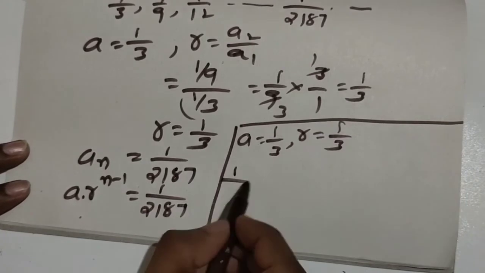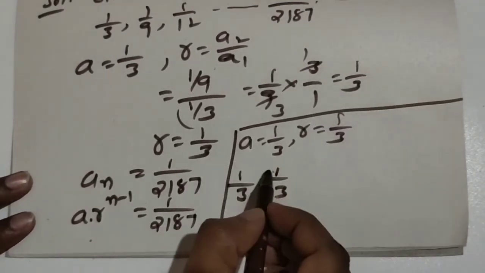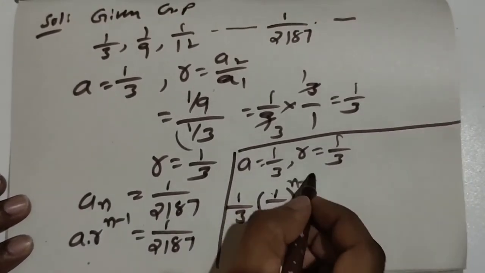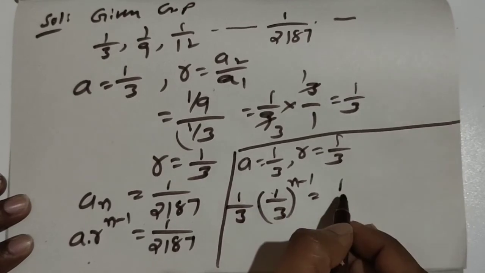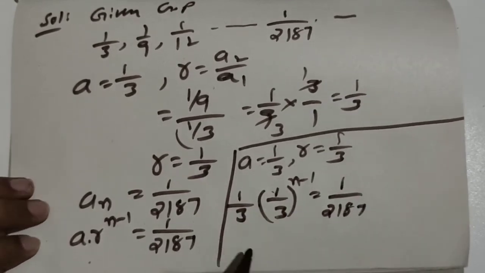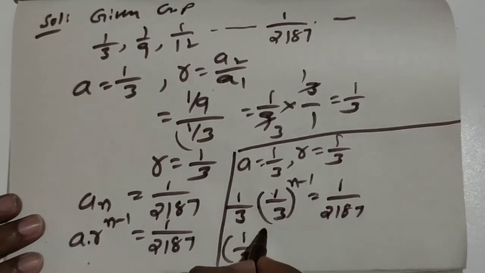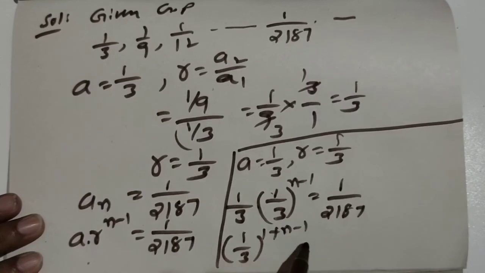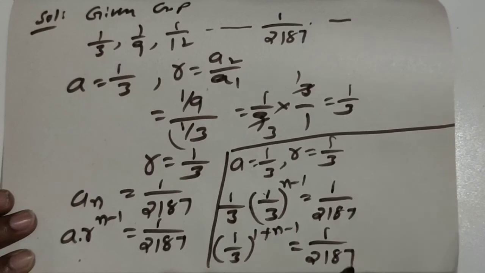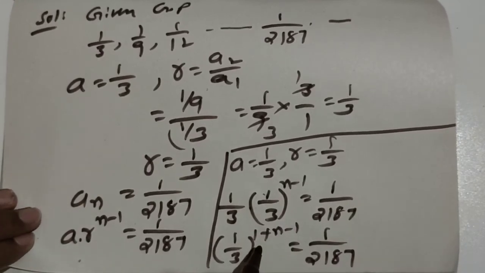So 1 by 3 into 1 by 3 to the power of n minus 1 is equal to 1 by 2187. Here again the bases are equal, so you can write it as 1 by 3 to the power of 1 plus n minus 1 is equal to 1 by 2187. Again we have to make this 2187 in terms of exponents of 3s.